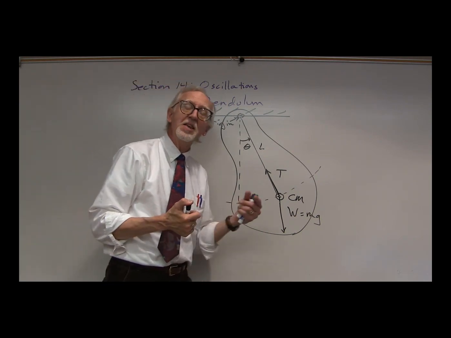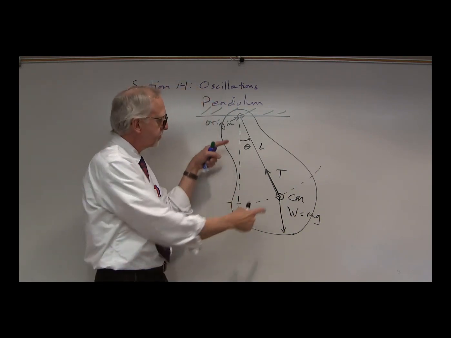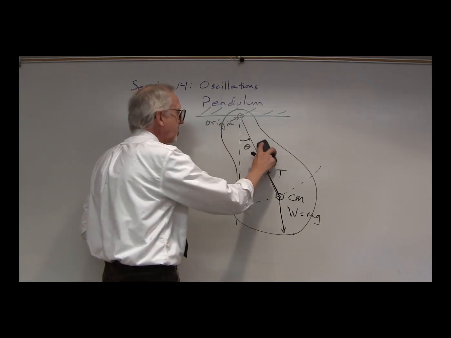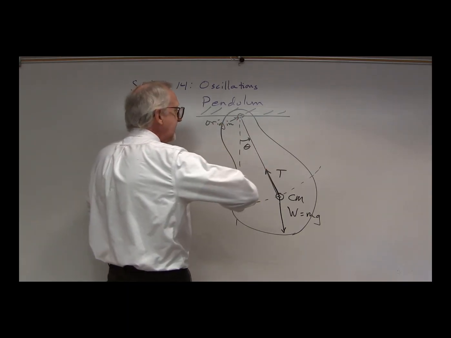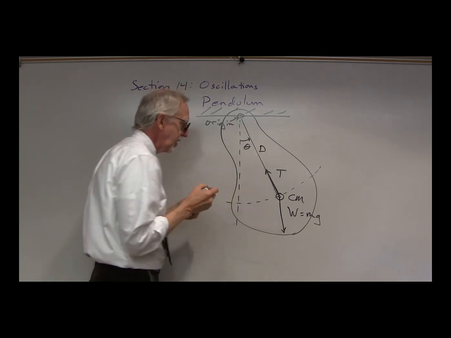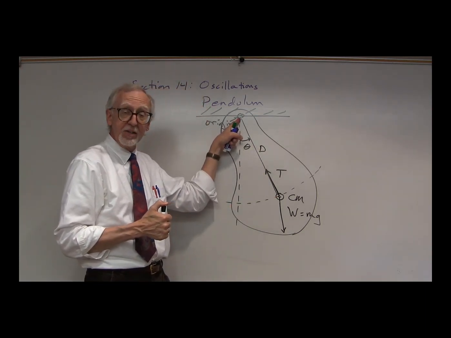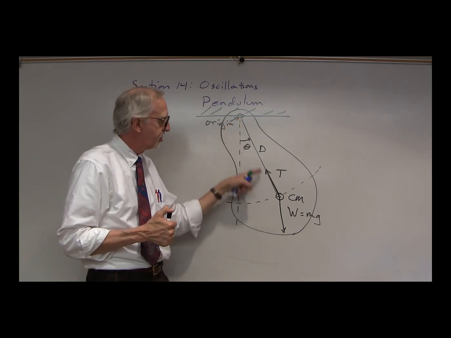So wherever the center of mass of the object is, the distance from the origin to the center of mass, we'll call that some distance d. Okay? So wherever the center of mass is, wherever the point of support is, the distance between those two we call d.